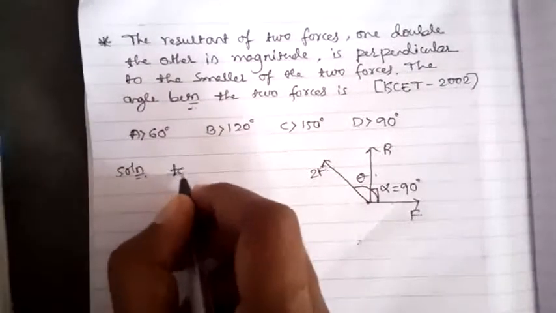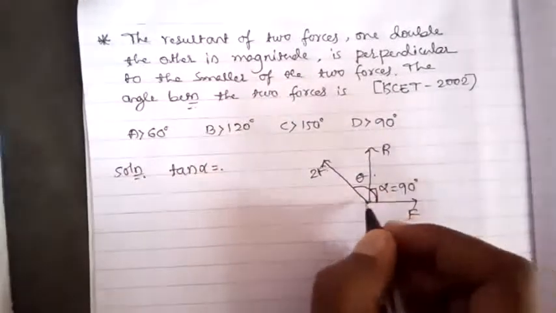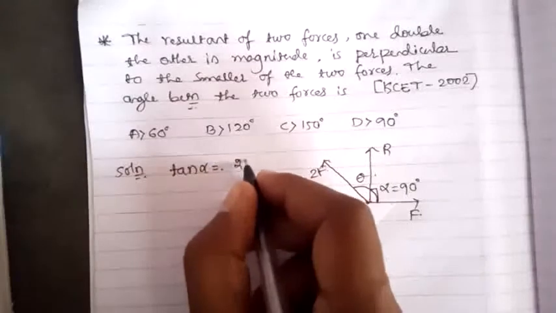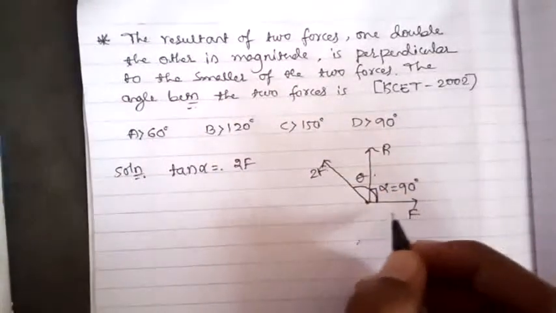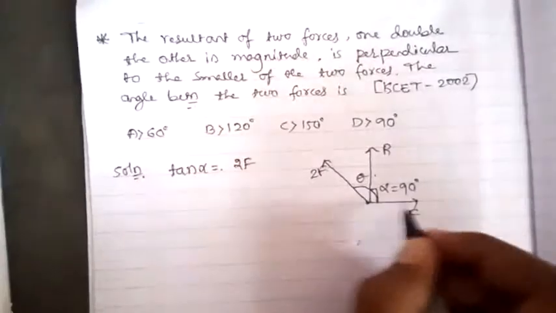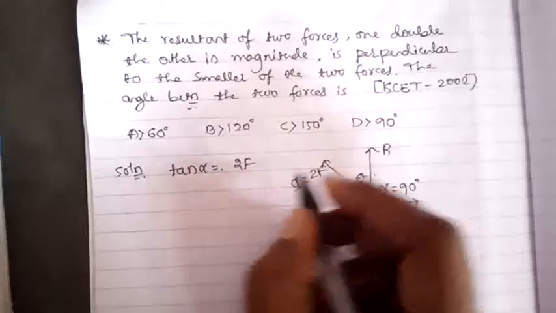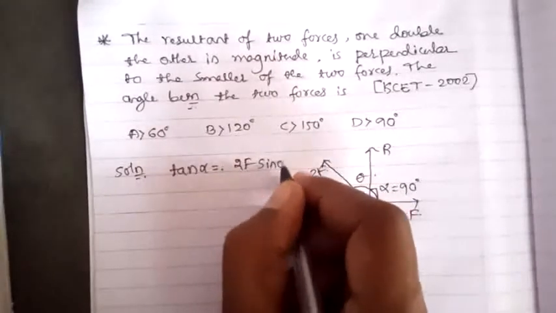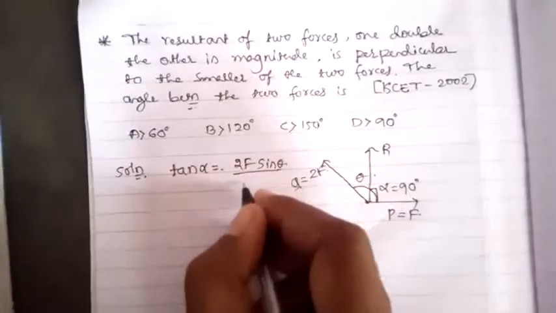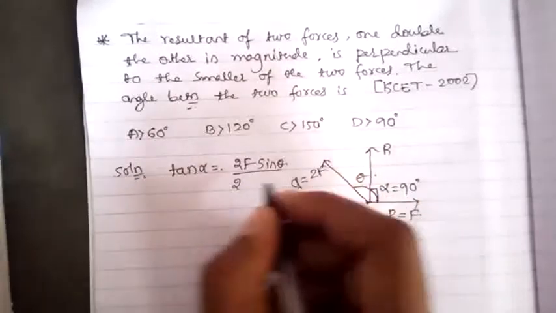by using the formula tan alpha is equal to, I will take this one as P and this one as Q. Then Q sin theta, that is 2F sin theta, divided by P plus Q cos theta.